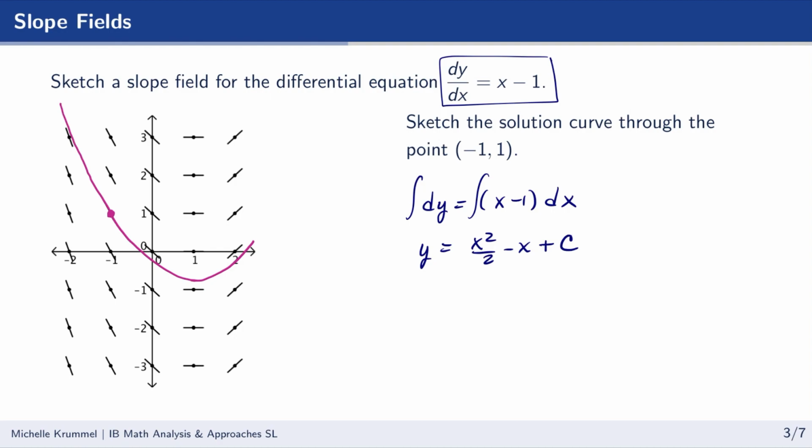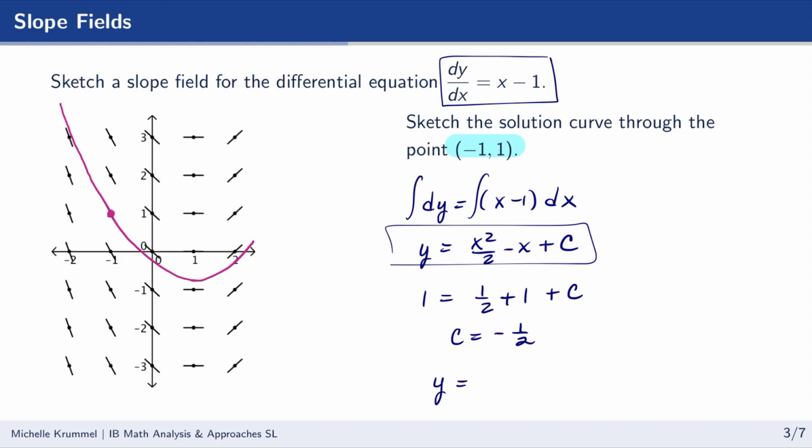And then we can solve for c because we know that the graph passes through this point, -1, 1. So 1 equals (-1) squared over 2 minus (-1) plus c. So c equals -1/2. And then if we substitute that into our general solution here, we get y equals 1/2 x squared minus x minus 1/2.